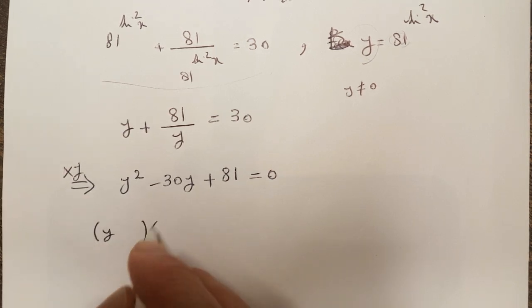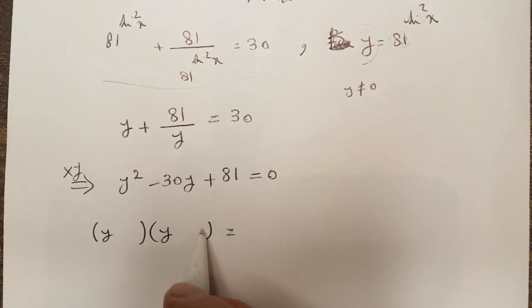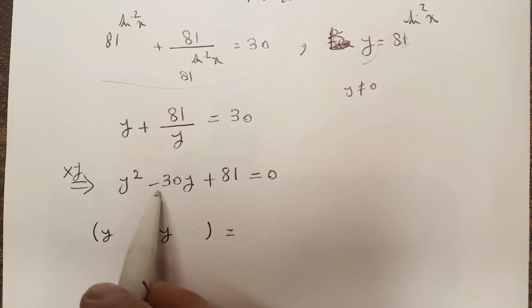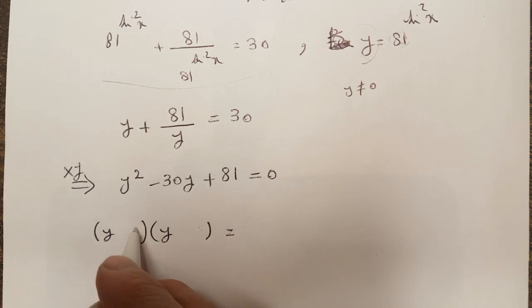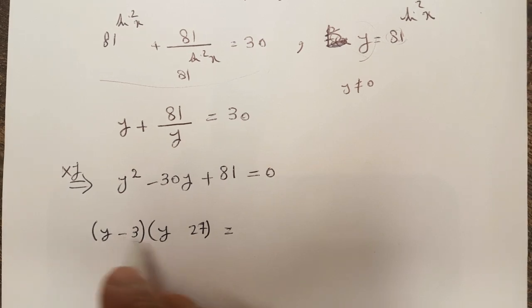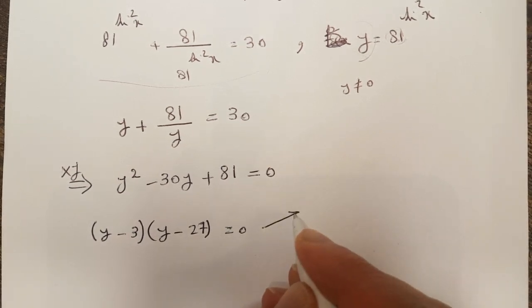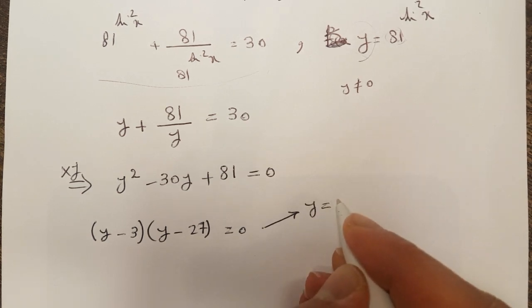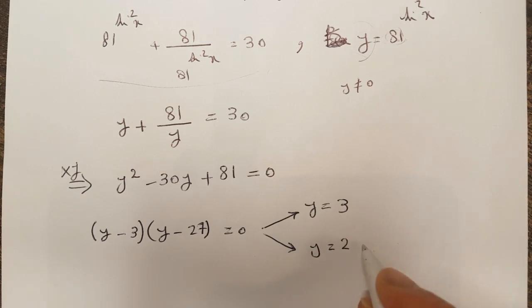So we will have y times, so these two numbers here, the sum of these two numbers should be minus 30, and their multiplication should be 81. So we will have 3 and 27 both negative equal to 0. Then either y can be 3 or y can be 27.